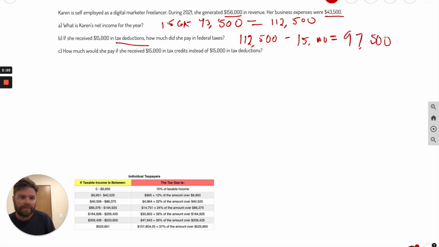Okay. Now we're going to use this table just like before. So we'll start here. The first 0 to 9,950 is 10%. So we have 9,950 times 10%, and we get 995.